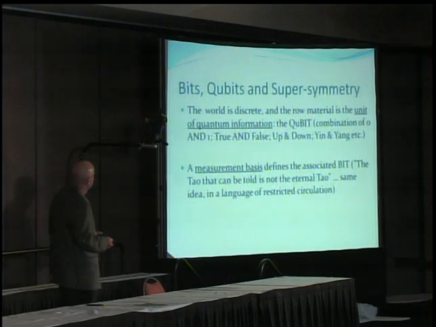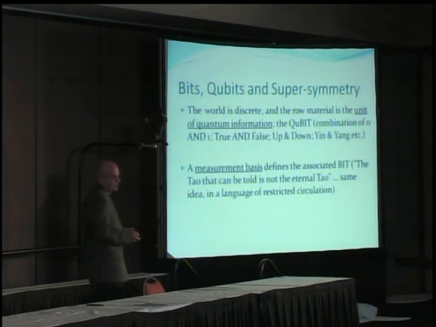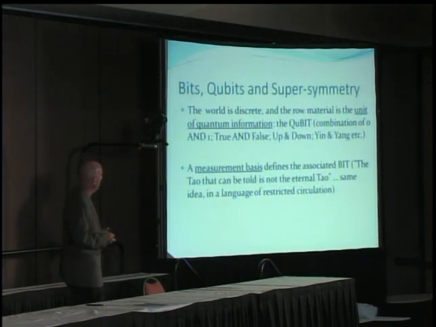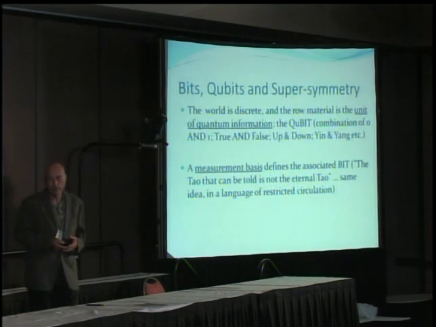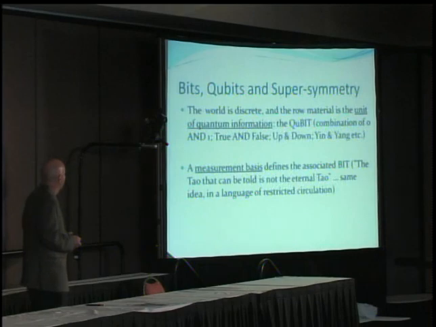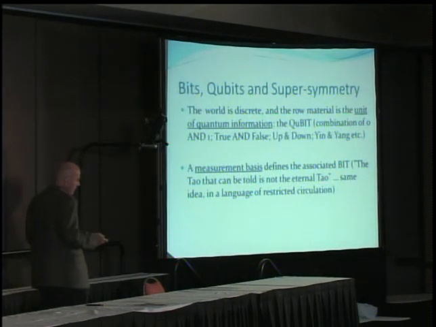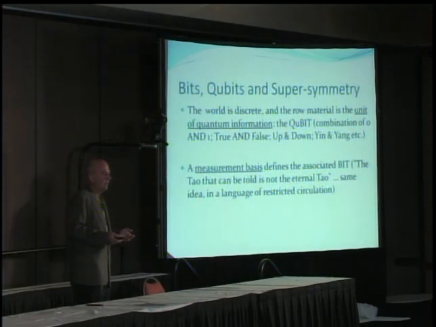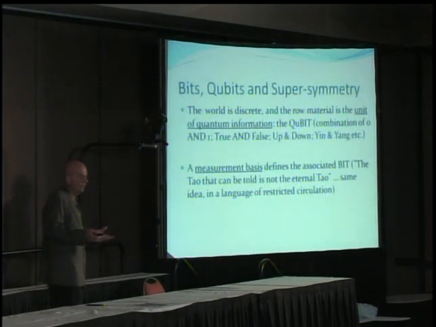So now let's see what this business is about bits, qubits, and what this has to do with supersymmetry, which briefly means, or tries, to unify, for example, photons with electrons, in other words, bosons and fermions.